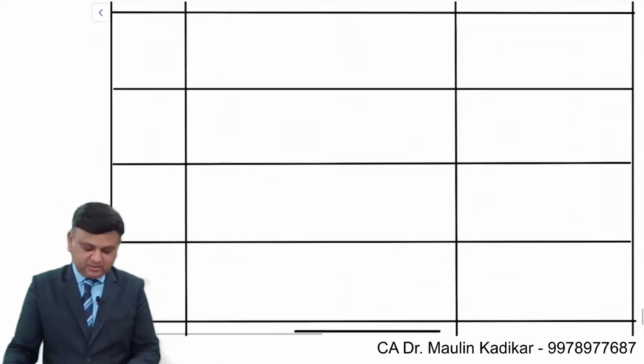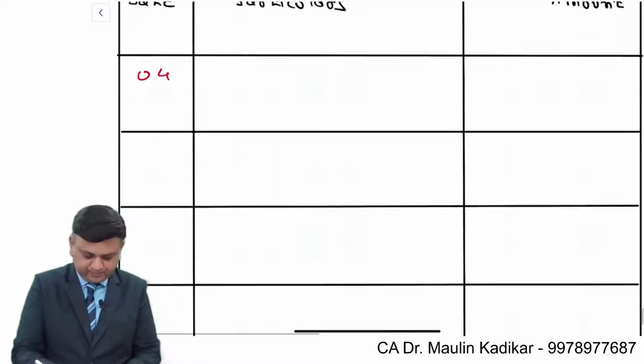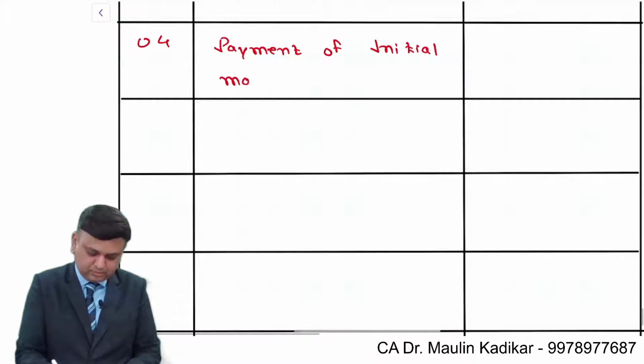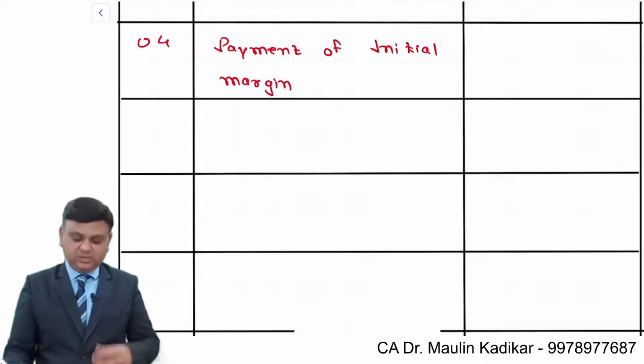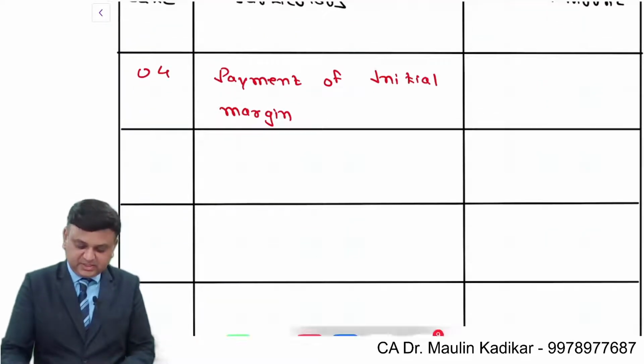So let us start. Preparation of the margin account will start from 4th, that is payment of initial margin. The amount of the initial margin to be paid is an amount of 16,000.